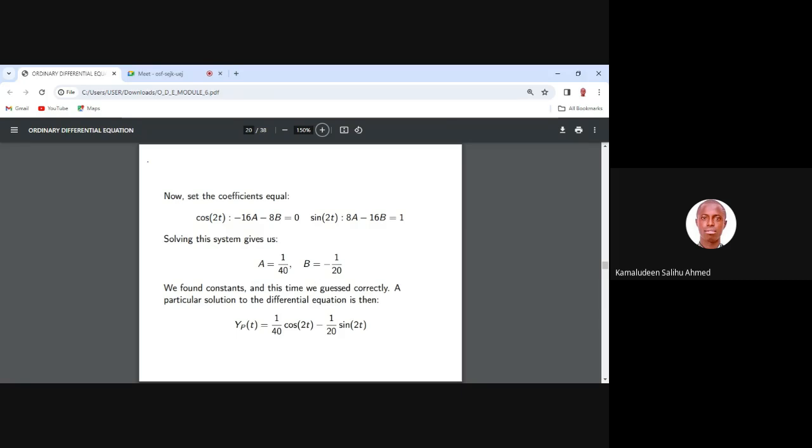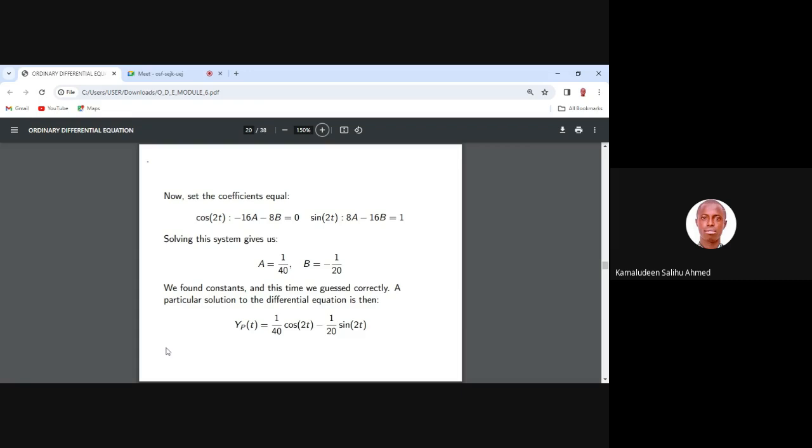Then B, that is solving it simultaneously, just like the first one we solved. So you have A equals 1 over 40, then B equals minus 1 over 20. You can confirm that after the class. It's just a simultaneous equation. Minus 16A minus 8B equals 0, equation 1. 8A minus 16B equals 1, equation 2.